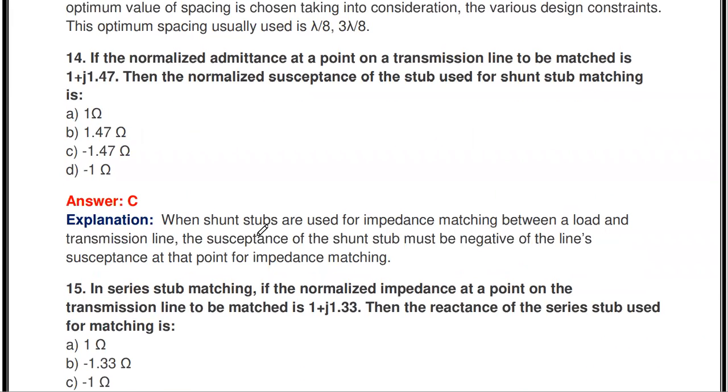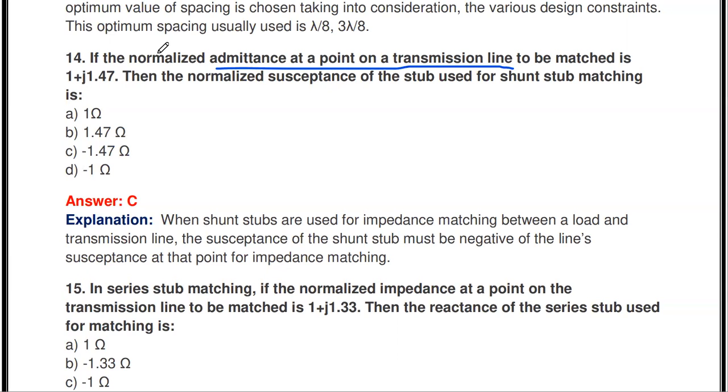Then the next one: if the normalized admittance at a point on the transmission line to be matched is 1 plus j 1.47, then the normalized susceptance of the stub used for shunt stub matching is dash. So for the transmission line, the normalized admittance is given as 1 plus j 1.47.